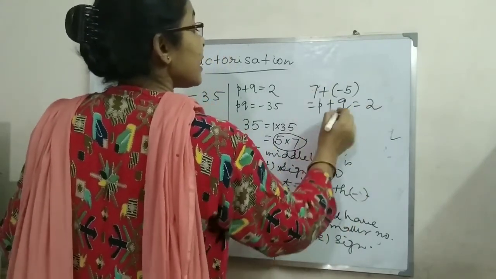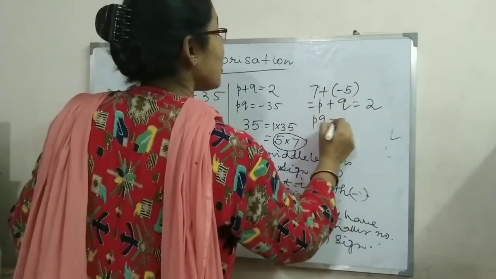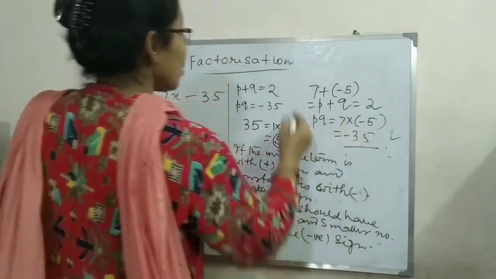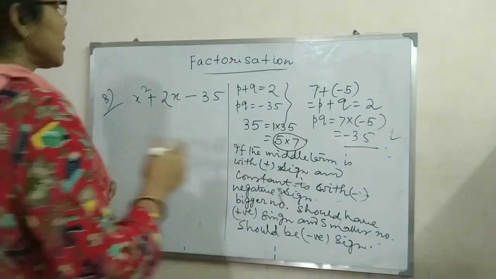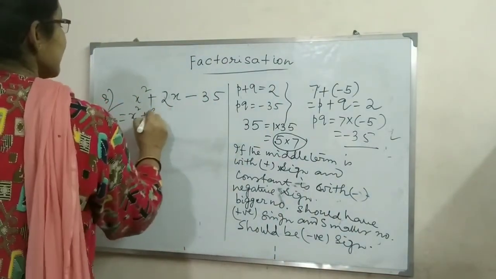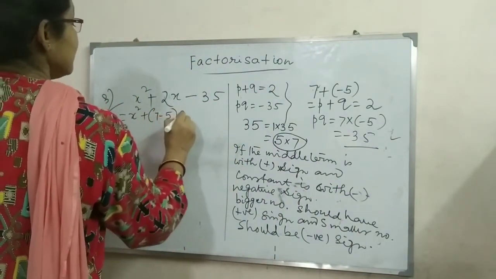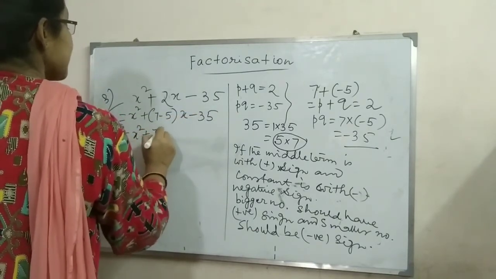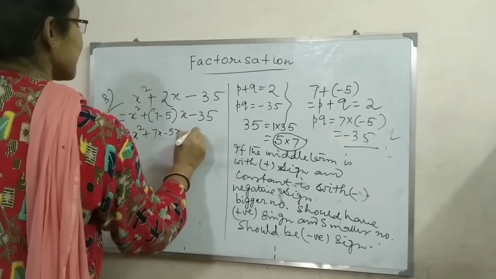Here p is 7 and q is minus 5. So pq equal to 7 into minus 5 equal to minus 35. Both conditions are satisfied. So I can write it this way: x square plus 7x minus 5x minus 35.